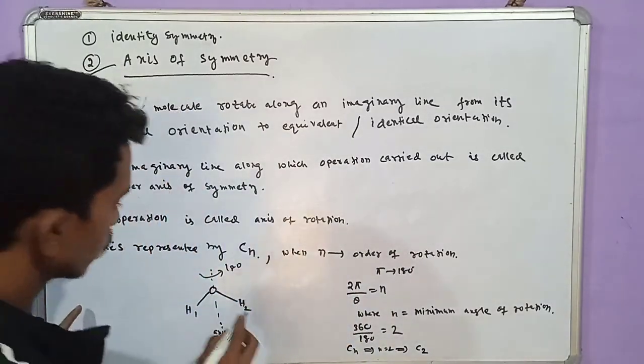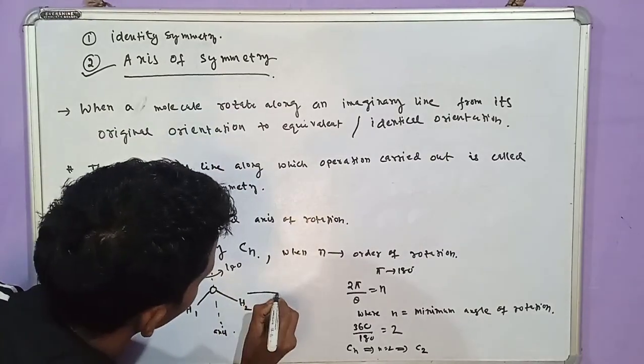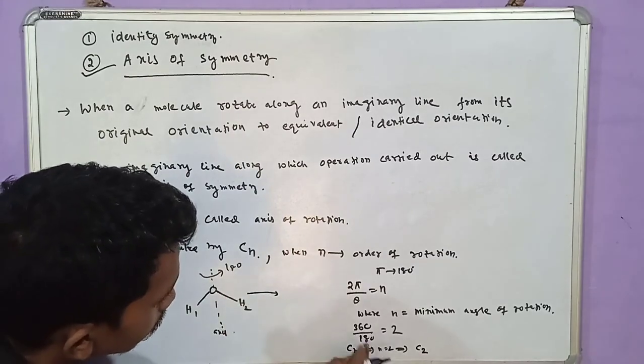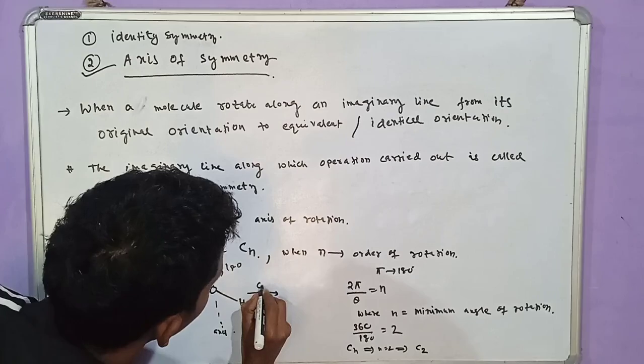If I rotate this by 180 degrees, that is n equal to 2, so I can write it as C2.